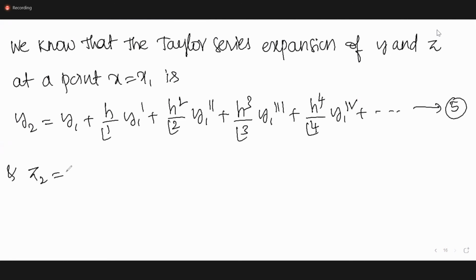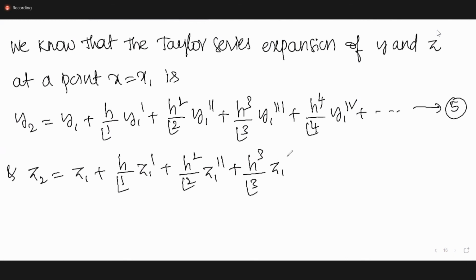And z2 is equal to z1 plus h by 1 factorial z1 dash plus h square by 2 factorial z1 double dash plus h cube by 3 factorial z1 triple dash plus h power 4 by 4 factorial z1 fourth derivative plus so on.